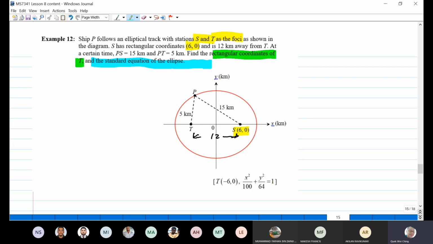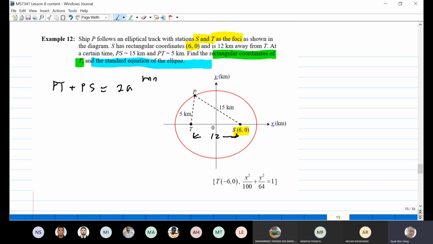Something you have to memorize here from the equation: how to find something like this. If you look at PT and PS added together, this number is a fixed number, a constant. What is this number equal to? You find that it's 2a.